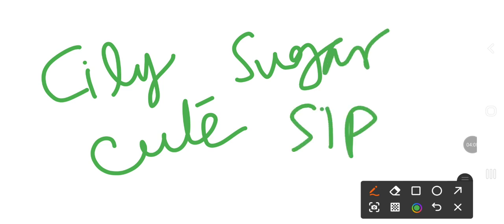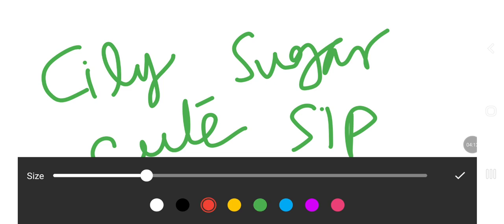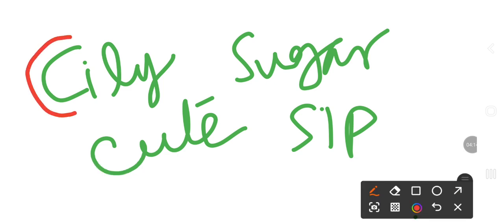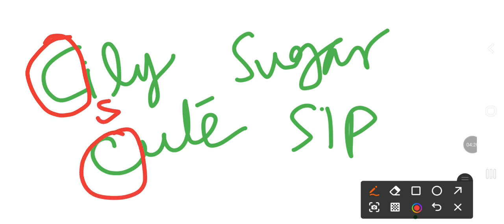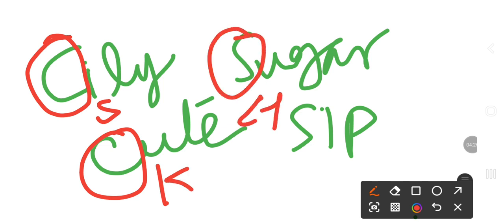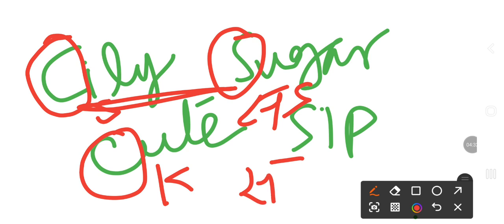Any example we can take, right? Here the confusion is C is pronounced as S. Here C is pronounced as K. Here S is pronounced as S or sh.